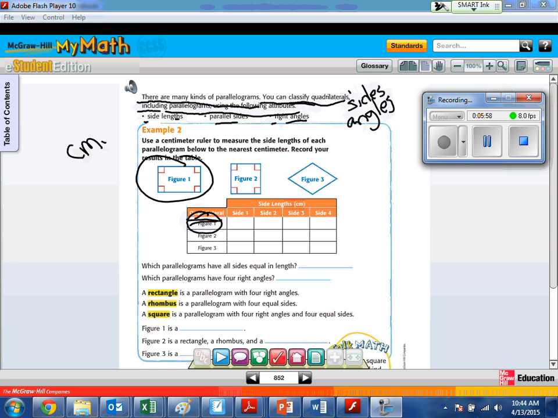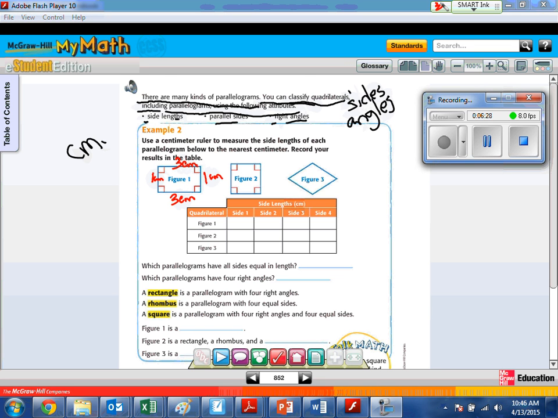So now, if I measure the long sides, if I measure my length in figure 1, we should come up with the following measurements. If you measure correctly, you should come up with 3 centimeters for our lengths and 1 centimeter for our width.